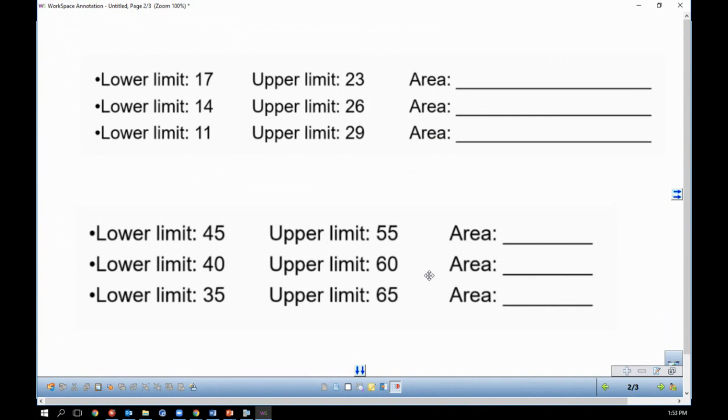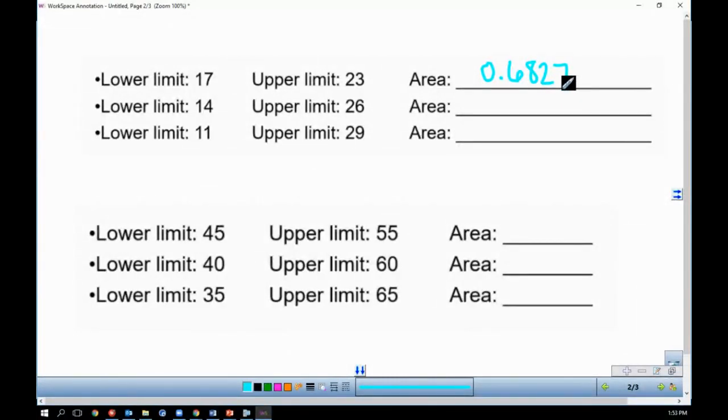Okay, so for that first one, what did we say the area was? The one we did together. For the 17 to 23. 17 to 23, yeah. 0.6827. Okay.